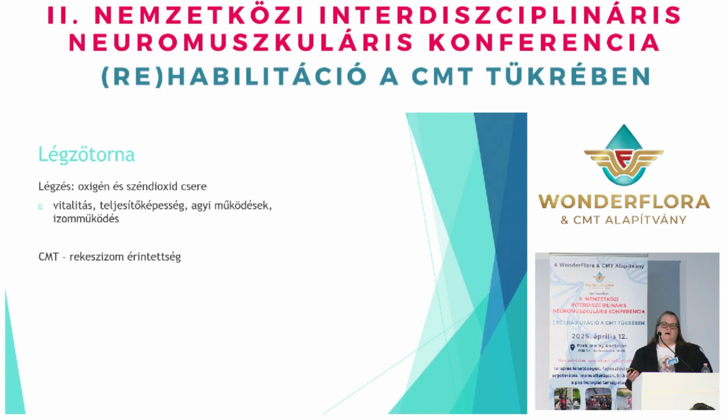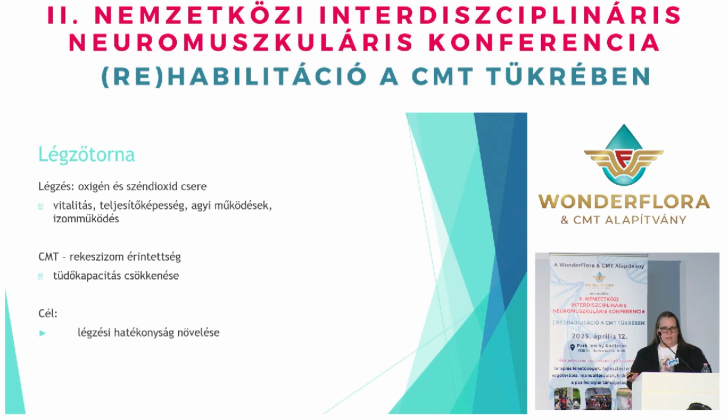And also, in the case of CMT, the diaphragm is often affected, which must function correctly for breathing. So we must pay attention to that. Given the fact that the diaphragm is affected, research showed that lung capacity is reduced.